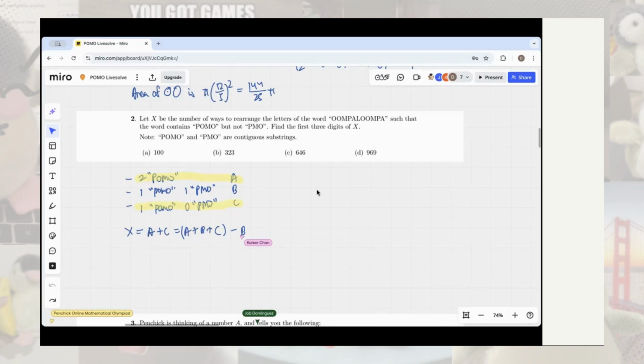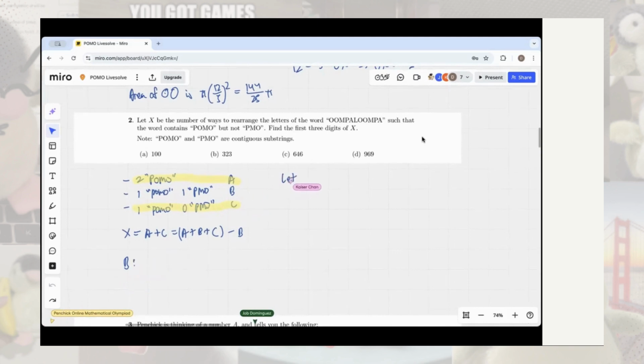Let's move on. So first let's compute B. So the word contains one POMO and one PMO. Treating POMO and PMO as contiguous substrings, we let POMO be S and PMO be T. Then we rearrange the letters of this word, because you can just replace this one with S and this one with T. So we have two A's, right?